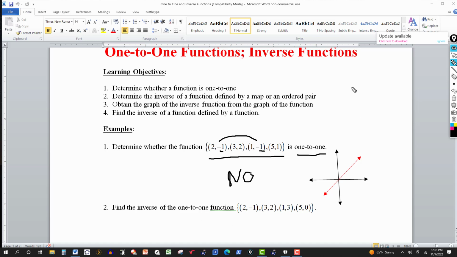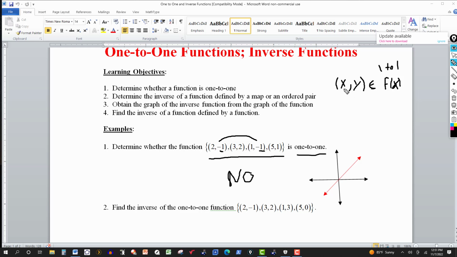Now for the inverse, basically you have this. If you have an ordered pair (x, y), and they say this belongs to some one-to-one function, so for every x there's one value of y, and for every y there's one value of x. So it's going to be a function first, and then if for every y there's one x, it's one-to-one.